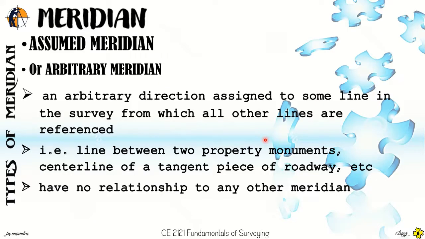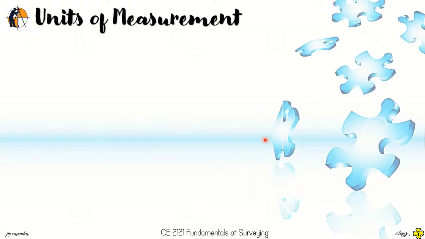So this has no relation to any other meridians. Unlike the 3 meridians that we have discussed, this one will not be related to our true, magnetic, or grid meridian.